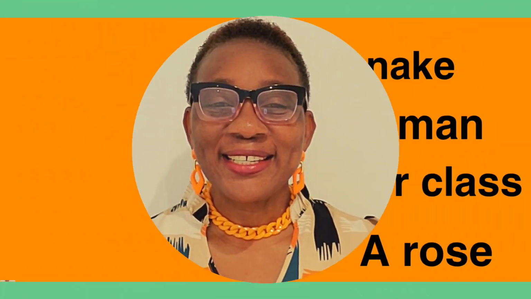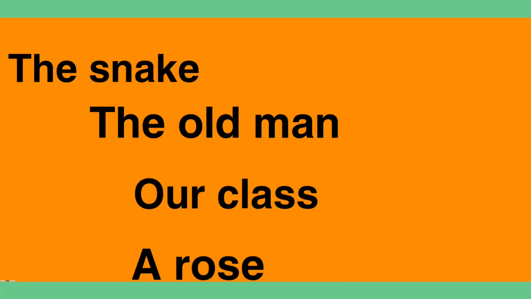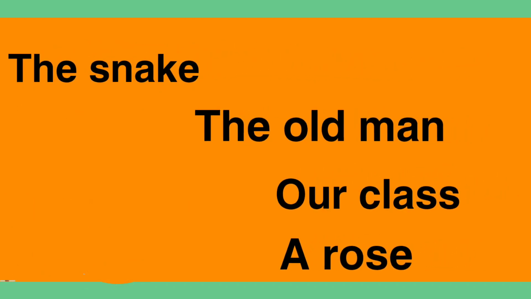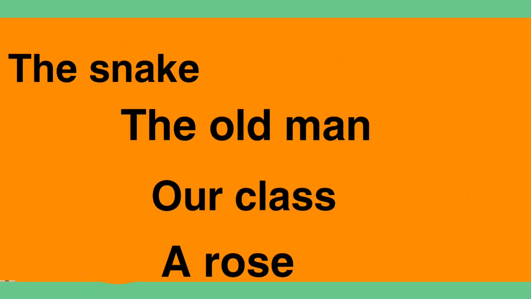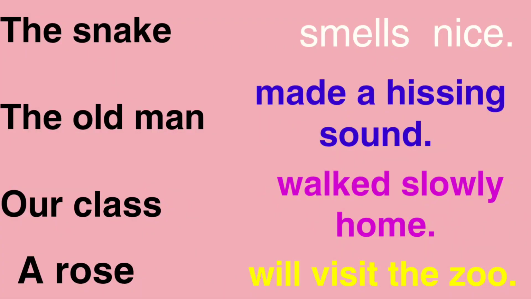Let's look at some subjects and try to match them with their most suitable predicates. The snake, the old man, our class, a rose. Those are subjects. We will try to match them with their most suitable predicates. Smells nice, made a hissing sound, walked slowly home, will visit the zoo.